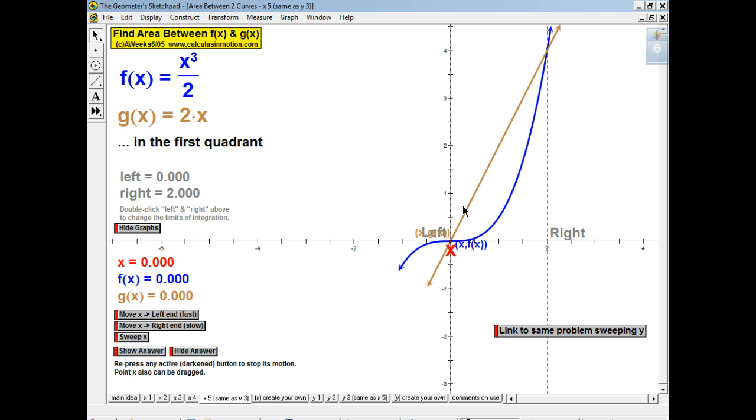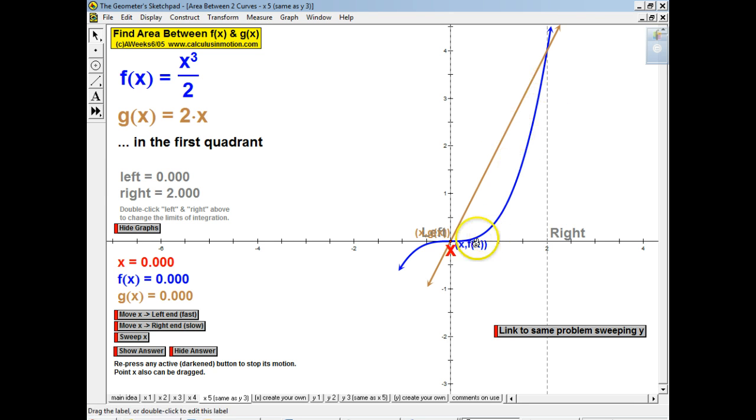Now, if we go back to chapter 4 and ignore this graph and just look at the line that we have here, to find the area under this line going from 0 to 2, we would just take the integral from 0 to 2 of 2x.